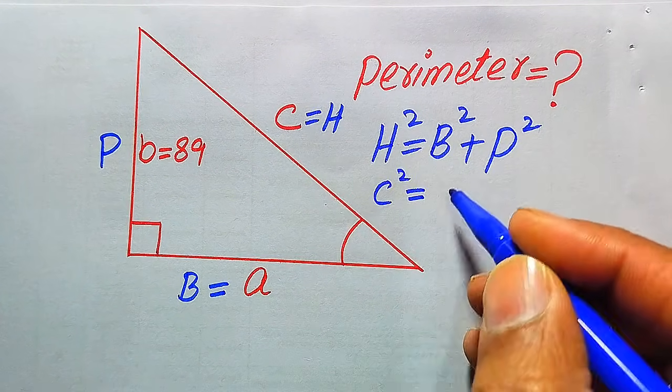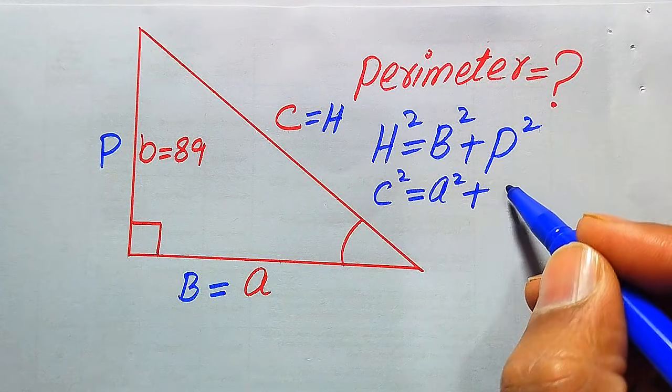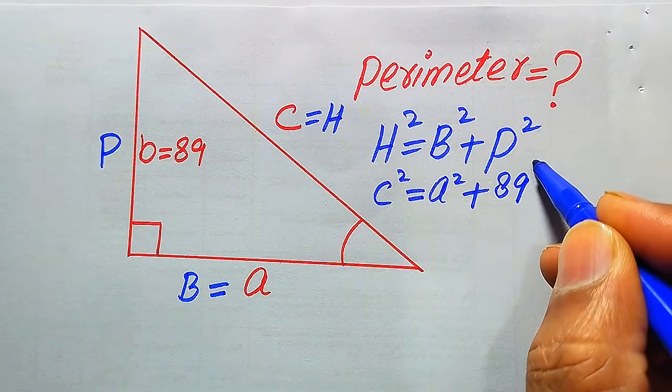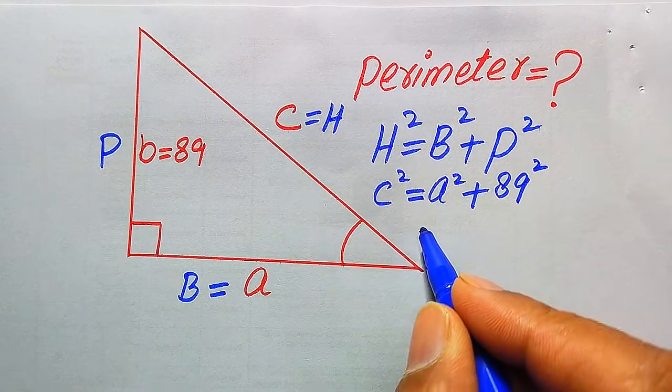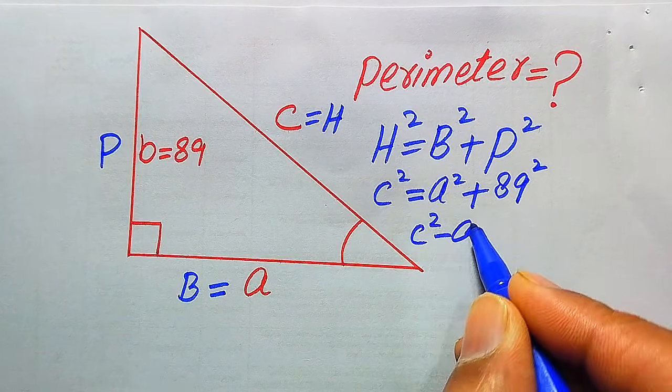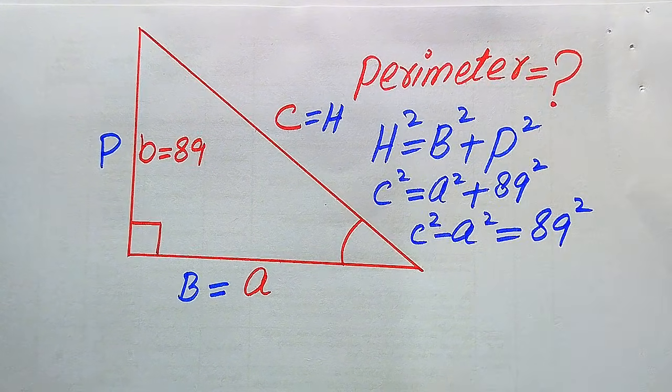Our base is denoted by a, it becomes a squared, and the perpendicular is 89, becomes 89 squared. Here we move a squared to the left hand side, and it becomes c squared minus a squared equals 89 squared.